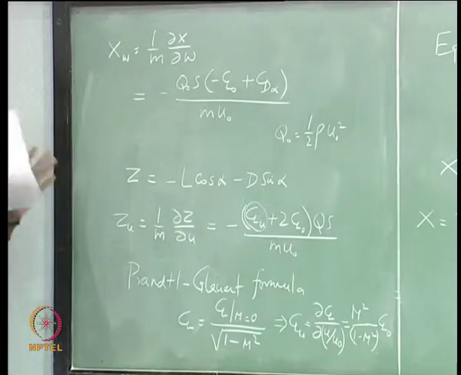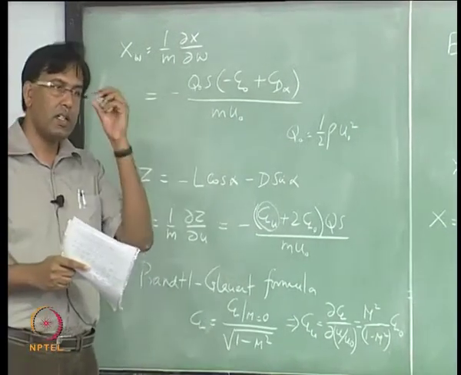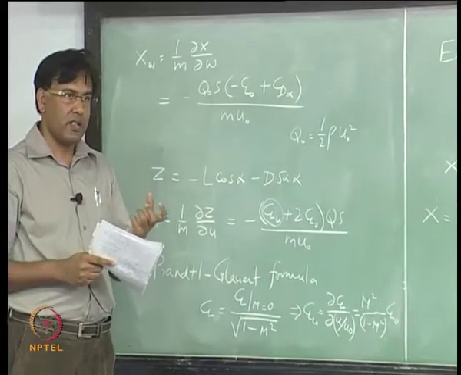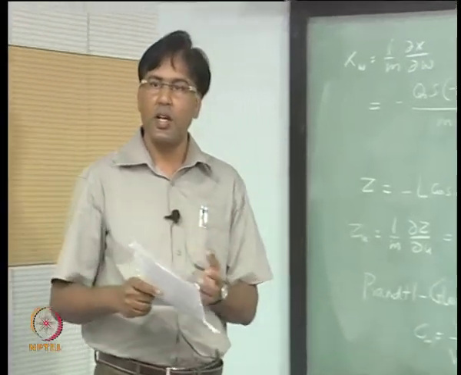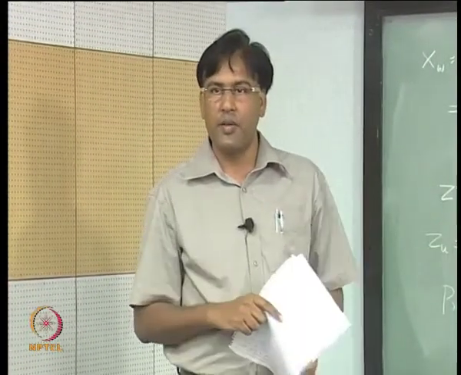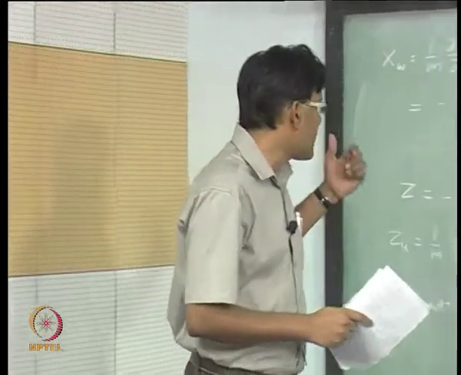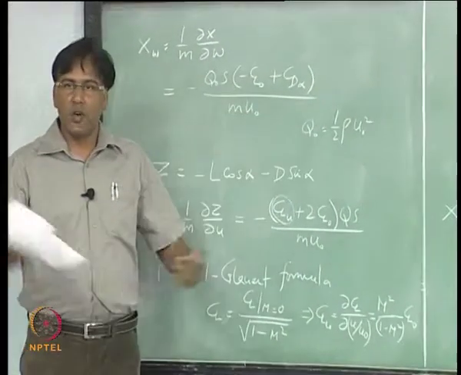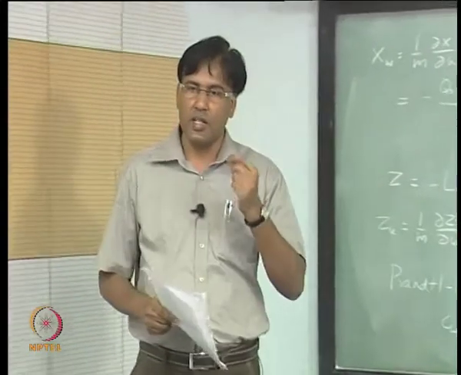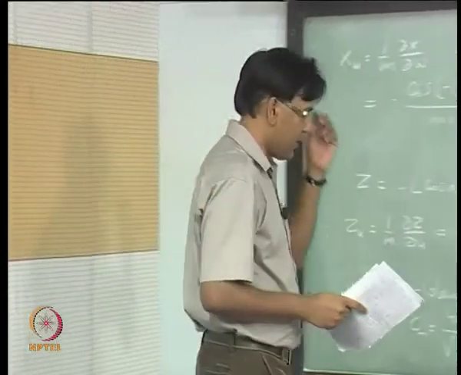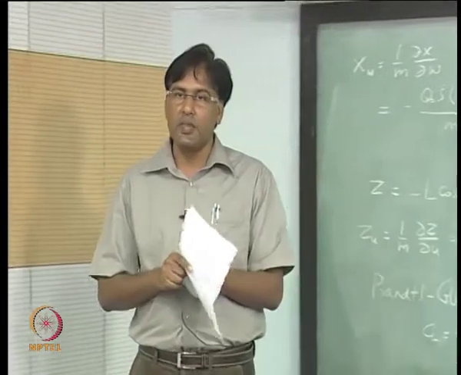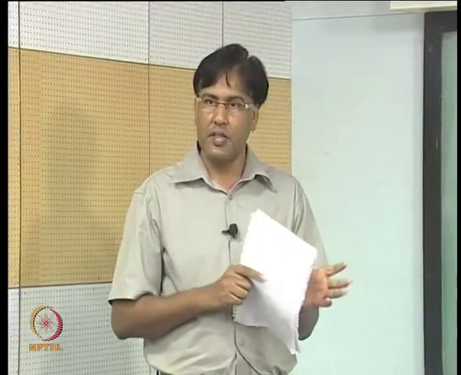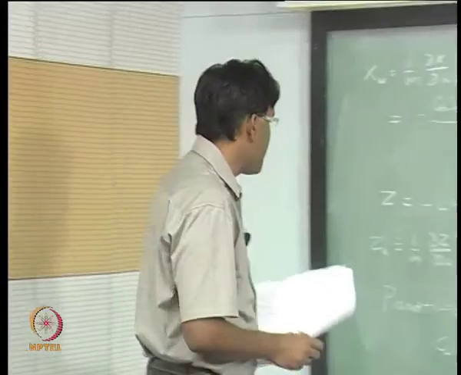Significant derivatives, you have to look at the magnitudes, and depending upon their relative magnitudes, you may want to keep them or you may want to drop them. But if I am doing a numerical simulation, I may just want to keep all of them, even if the effect is smallest. But if I am doing something analytically, I want a simpler model, and there I will only keep the significant terms, isn't it.